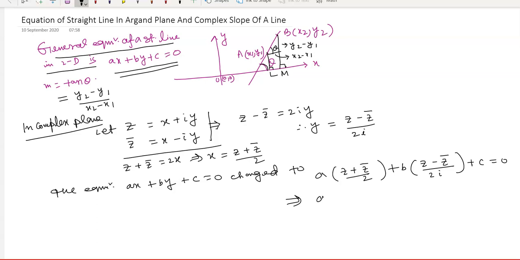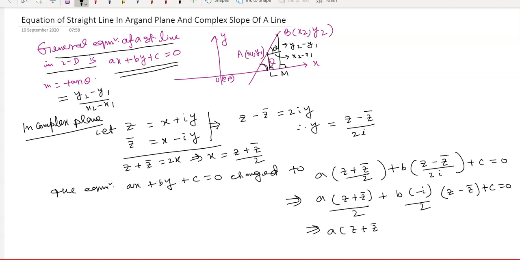So there will be a into (z plus z bar) plus, multiplying numerator and denominator by minus i, minus i square is 1, so this implies a into (z plus z bar) minus b into (z minus z bar) i.